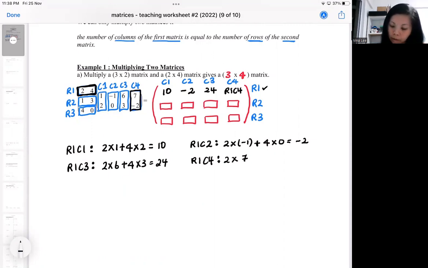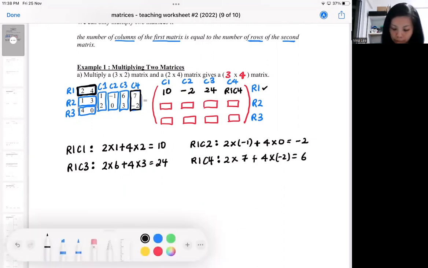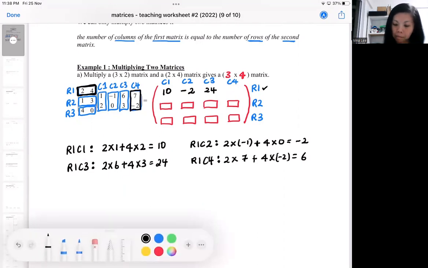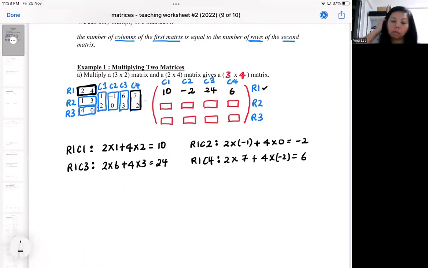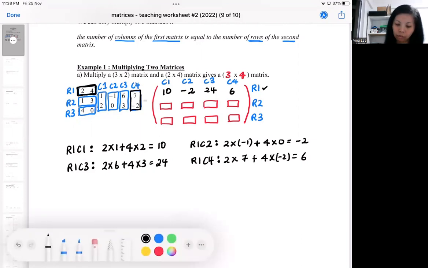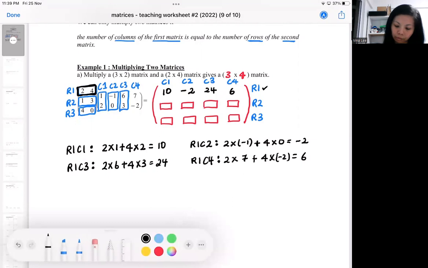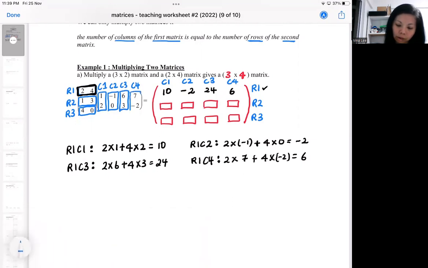Then second number multiplied by the second number. You get 14 minus 8, you get a 6. So my first layer is completed. After my first layer is completed, I go to the second layer.